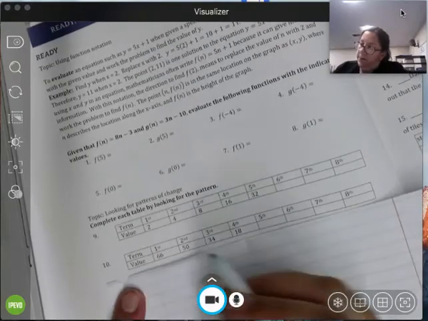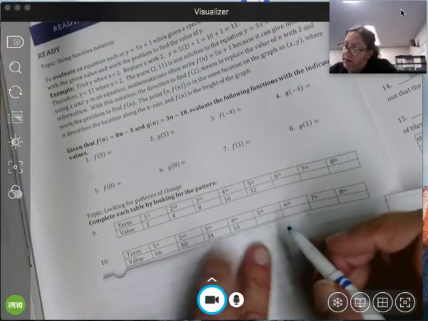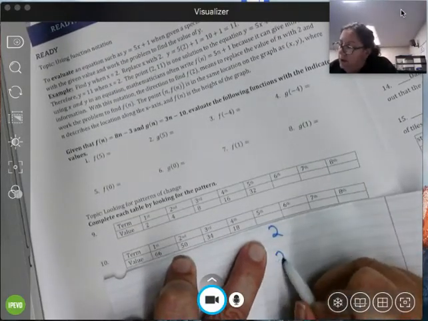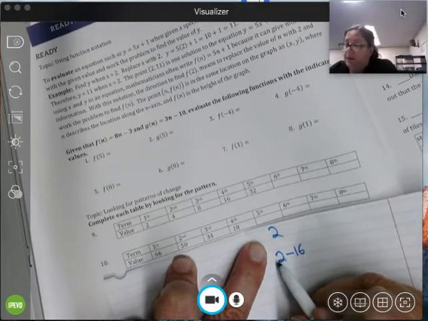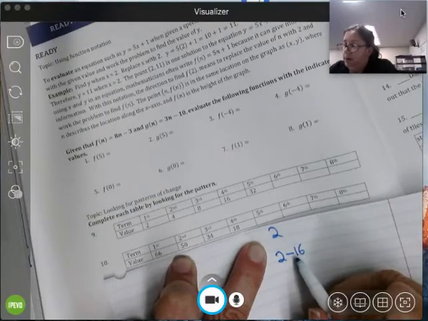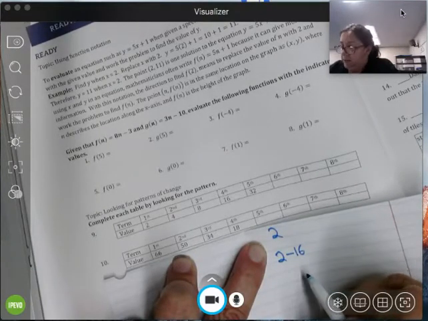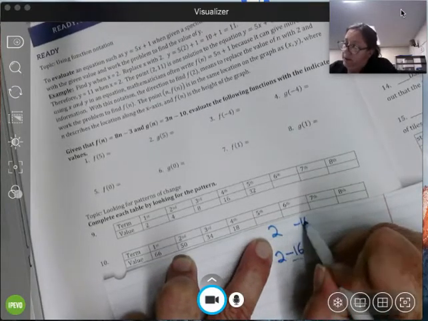So probably you figured out that this is minus 16, minus 16, minus 16. 18 minus 16 is 2. 2 minus 16, well, this is a positive and a negative number. So we're going to subtract 16 minus 2, which gets us 14. But the big number wins, so it's negative 14.